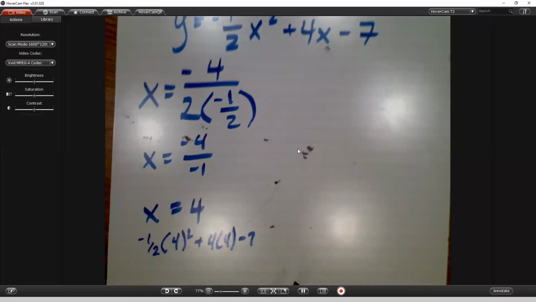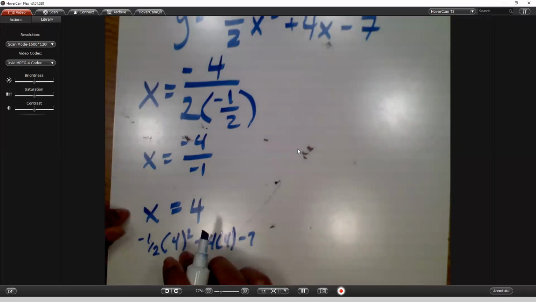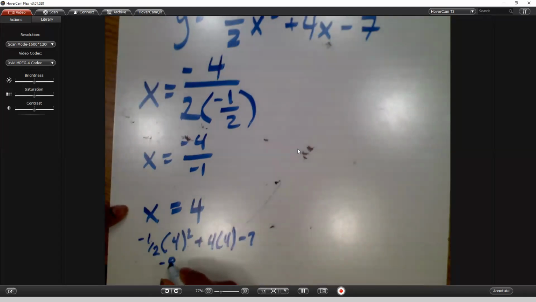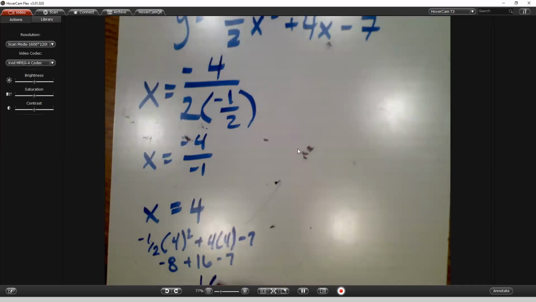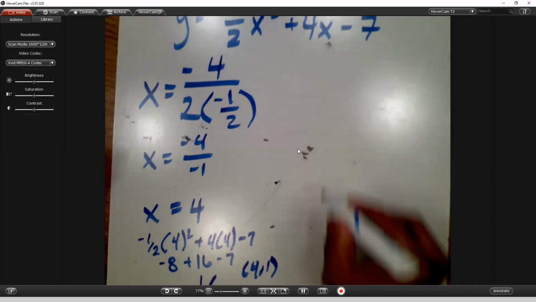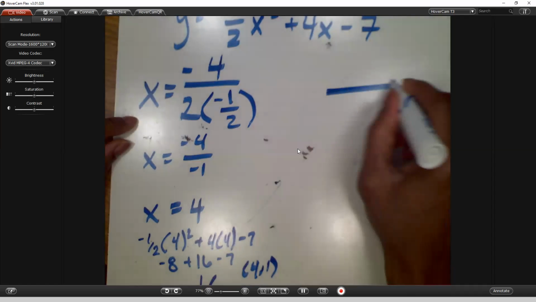When we do all that math, 4 squared is 16, -1/2 times 16 is -8, plus 16 minus 7. That'll give us 8 minus 7, which is 1. So our vertex should be at 4, 1. Write that on the screen, 4, 1. So that's our vertex, and that's the center of our graph.